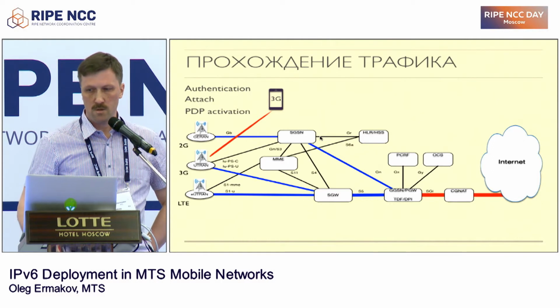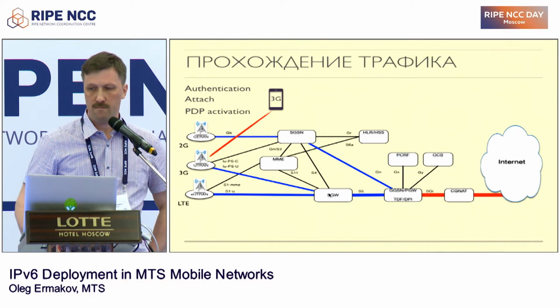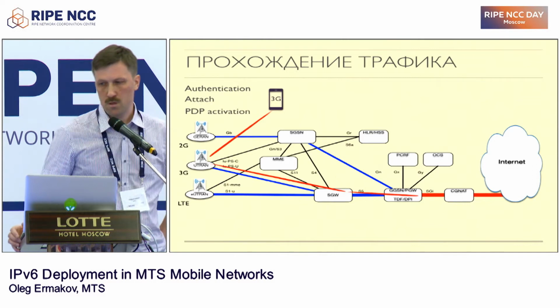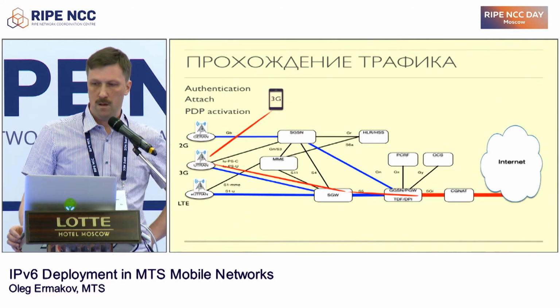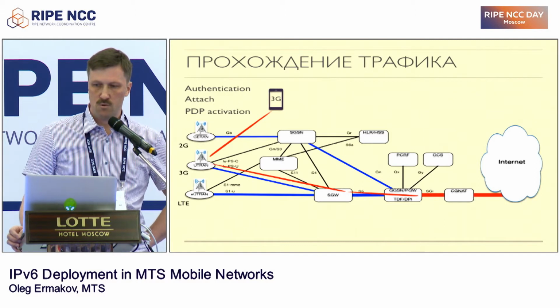SGSN will search for the gateway to which the traffic will land using signal interfaces. The gateway is contacted. The session is up from the radio subsystem to the gateway.